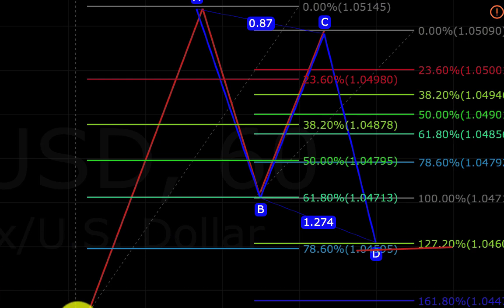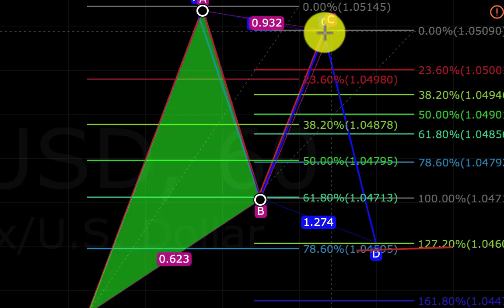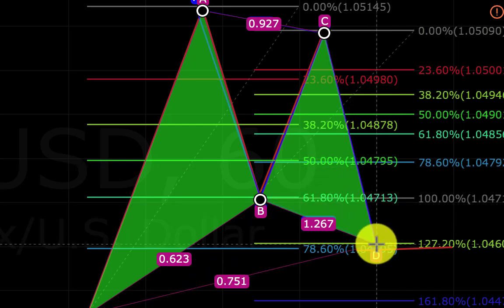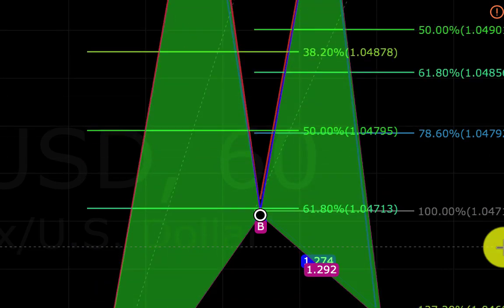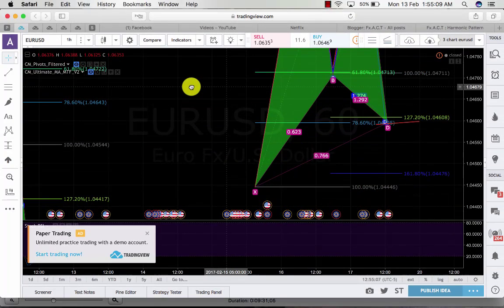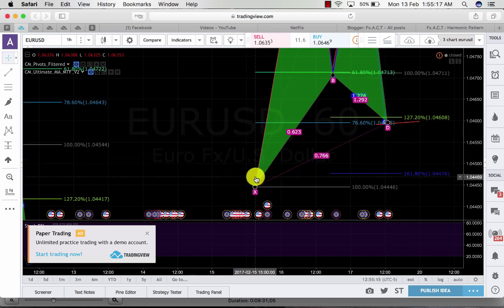Oops, yeah. X, A, B, C, and it has the ABCD pattern, and we will go over here. There. So we could see that it's between 127 to 161% of BC, and it's 78% of XA.